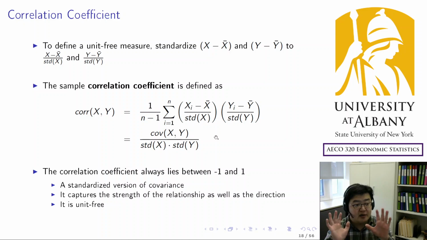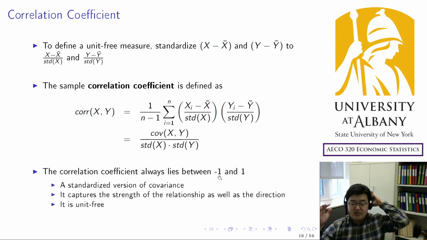Because there are two variables involved in the covariance, you have to use both standard deviations to standardize it. Then as a result, mathematically, what's nice about this new measure, the correlation coefficient, is that it always lies between -1 and 1. So its scale is fixed.